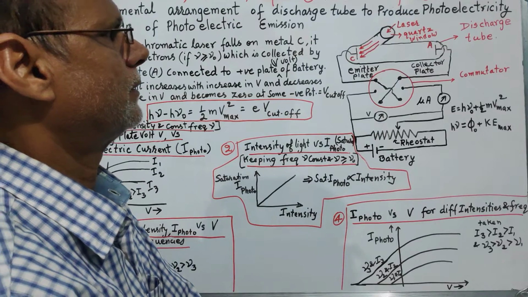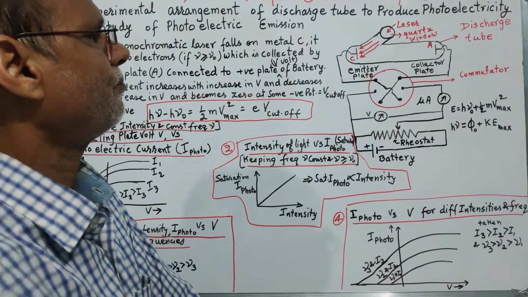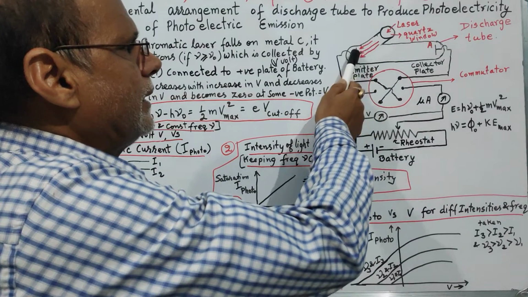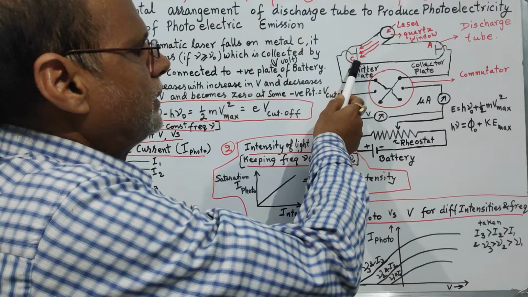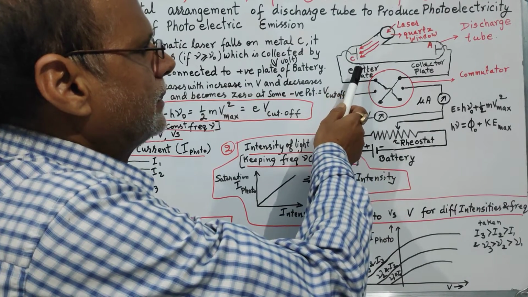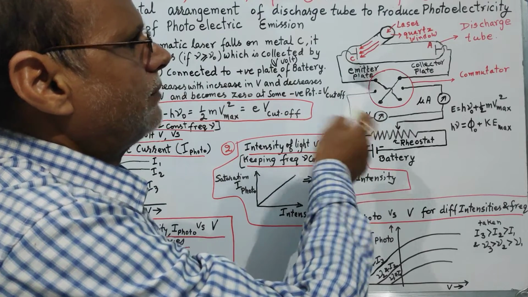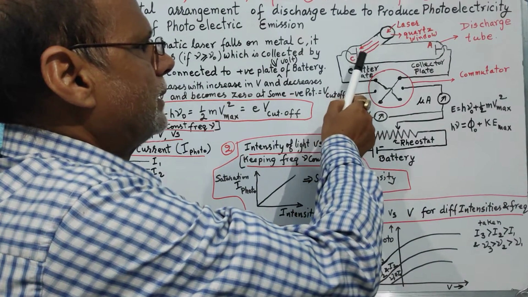The pressure inside the discharge tube is maintained. Then the light ray is allowed to fall on a metal plate placed at point C, and this metal plate receives the light having frequency above or equal to the cutoff frequency.